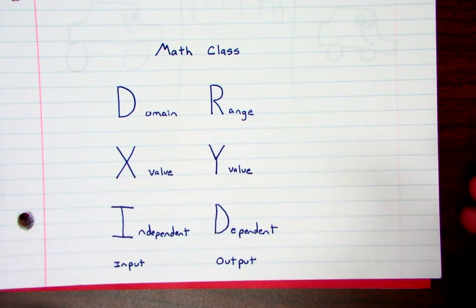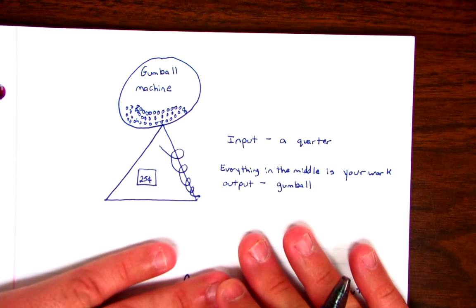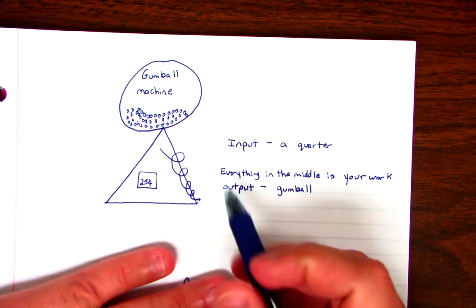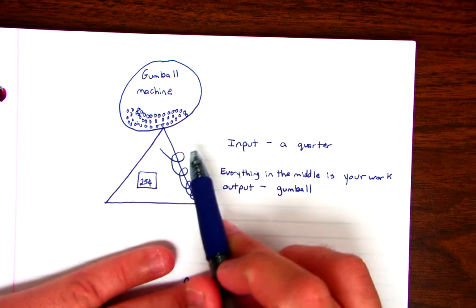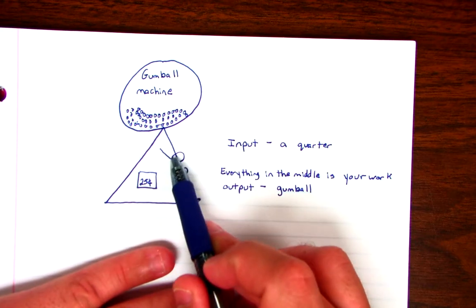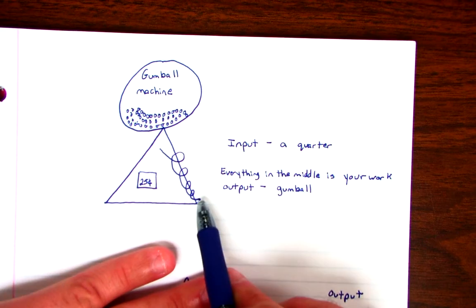I'm going to do a couple of pictures, a couple of nice visuals, because we're going to be talking about some input and output tables. The first one is a gumball machine. You input a quarter. You then twist the little knob, and then a gumball comes down and ends up right there at the end.